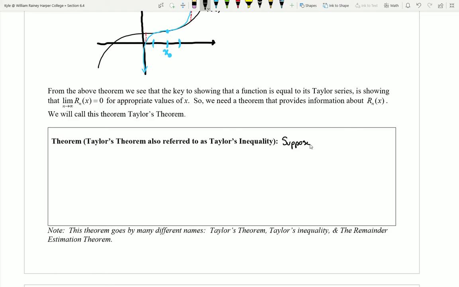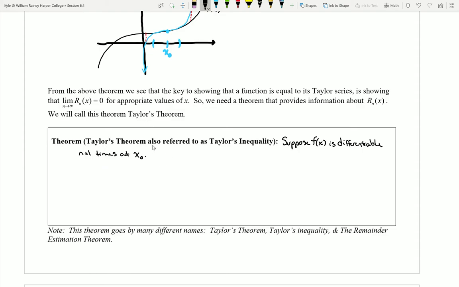Suppose f of x is differentiable n plus 1 times at x0. Okay, so again, there's an initial point of contact x0. Let's assume that we can take derivatives of our function f, keep plugging in x0, and we can do that n plus 1 times.